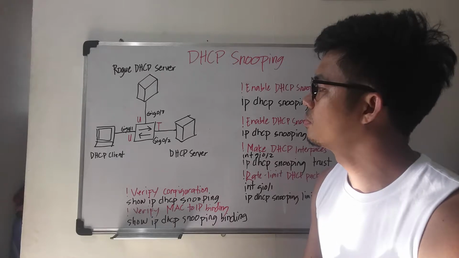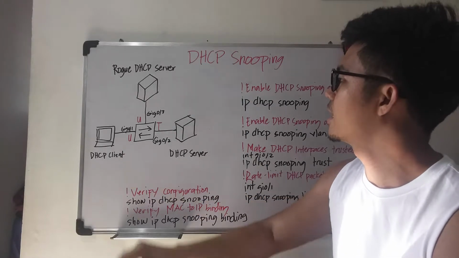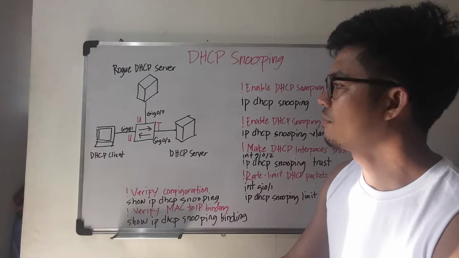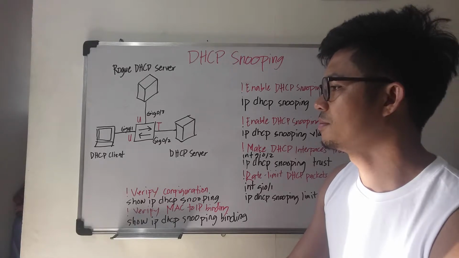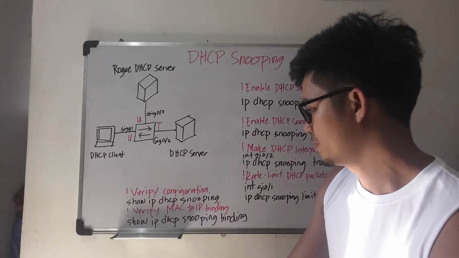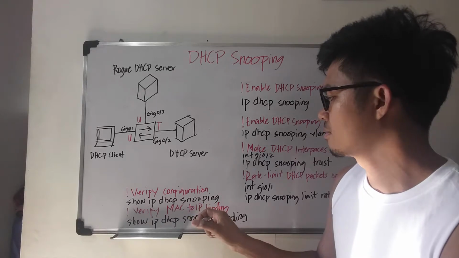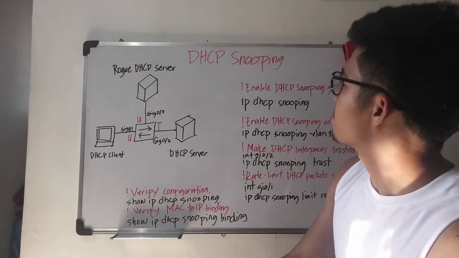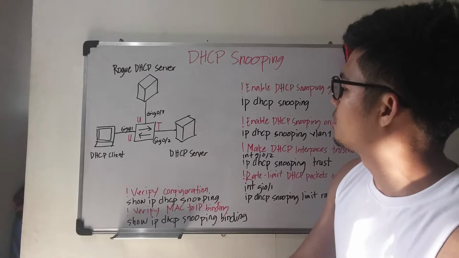We can enable a feature called DHCP snooping on the switch, and that switch will have untrusted interfaces and trusted interfaces, and it will have a DHCP snooping binding table to track the MAC to IP mapping of the hosts on the network. So let's see how we can configure it.